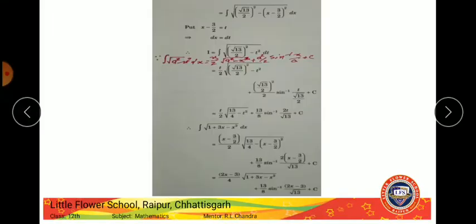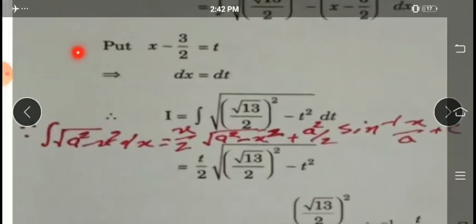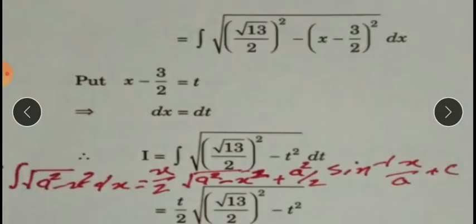Now this is equal to the integral of root of 13 upon 2 whole square minus x minus 3 upon 2 whole square. Again put x minus 3 by 2 as t, so dx is equal to dt.